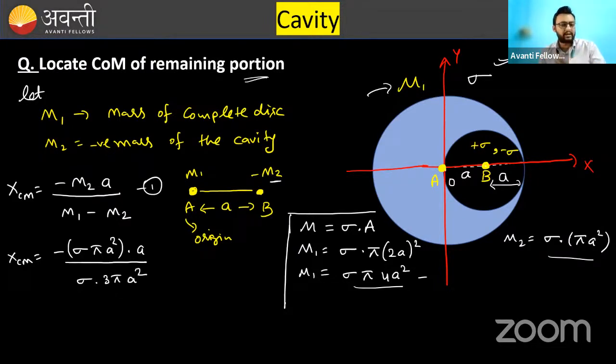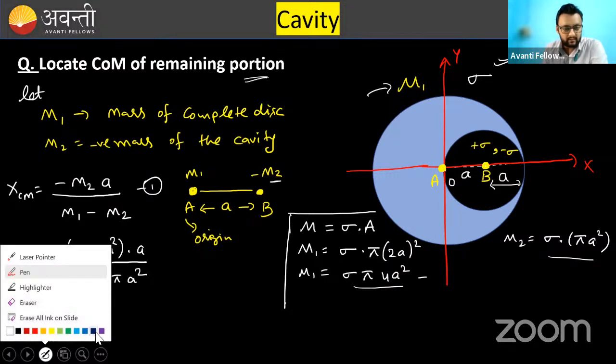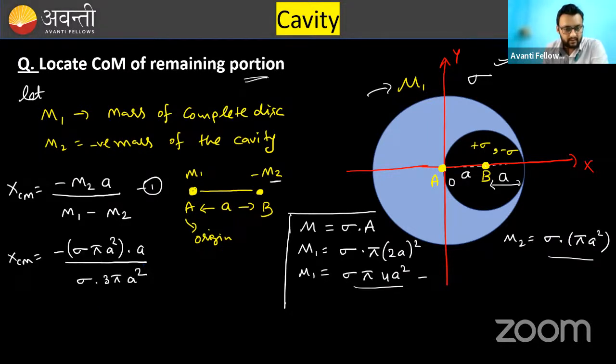The things that are going to cancel, you can cancel: pi a square, pi a square, sigma, sigma. Is it clear? So the x coordinate of the center of mass is minus a by 3.